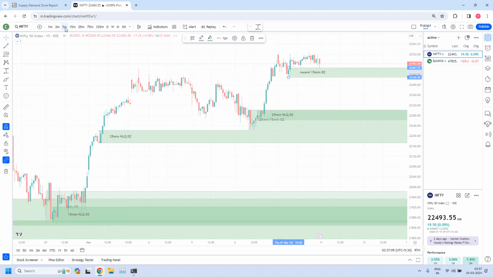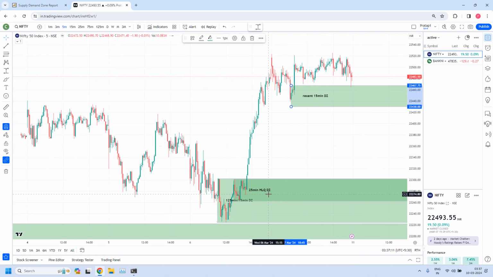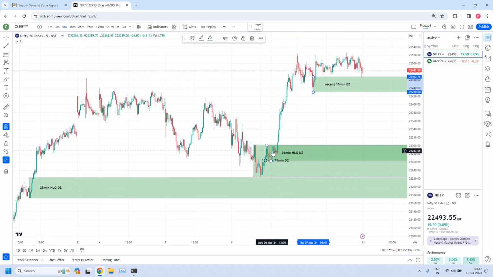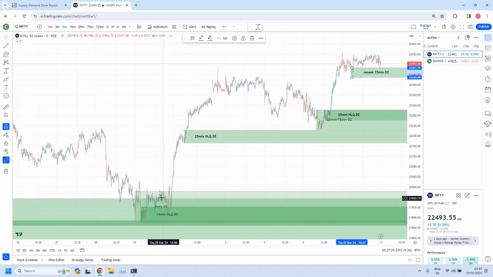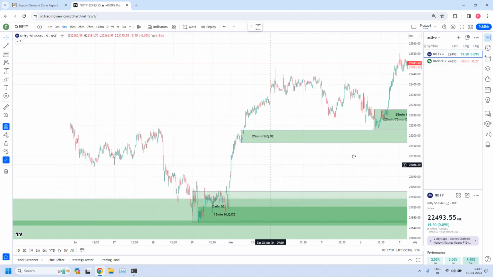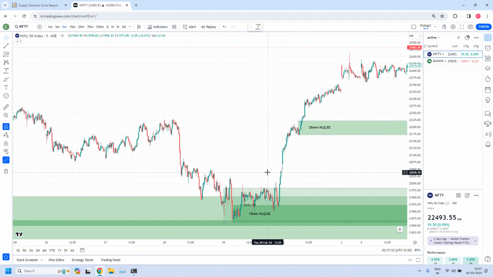Let me change it to 5 minutes time frame. Here, this is 29th February inside this.